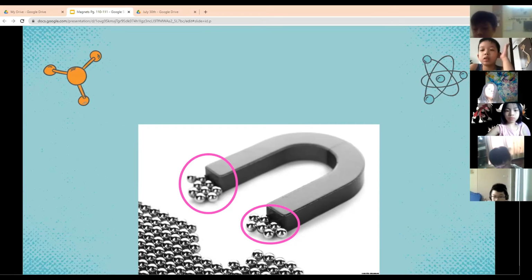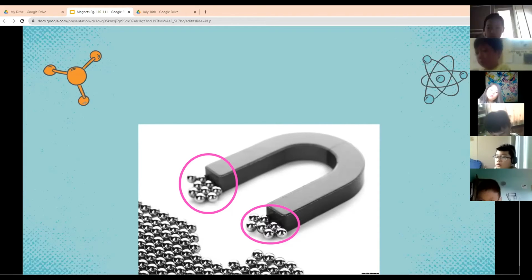Do you think the forces of the magnet are the strongest or weakest at the poles, where I have circled? The strongest at the poles. Okay, so Misha and Sarah think it's the strongest.